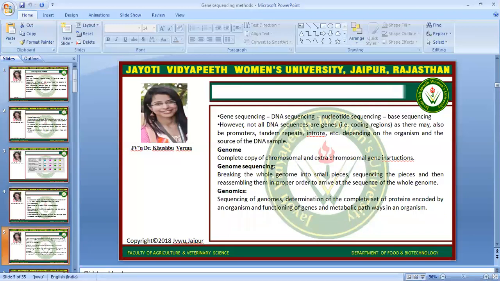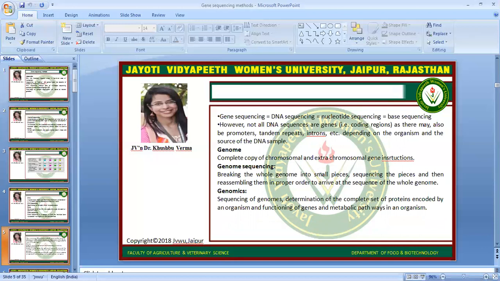Basically, gene sequencing is DNA sequencing, meaning nucleotide sequencing, meaning base sequencing. However, not all DNA sequences are genes, meaning coding regions, as they may also be promoters, tandem repeats, or intron regions, depending on the organism and the source of the DNA sample.